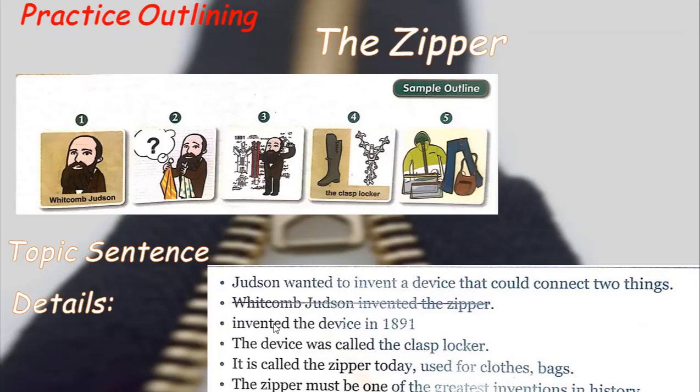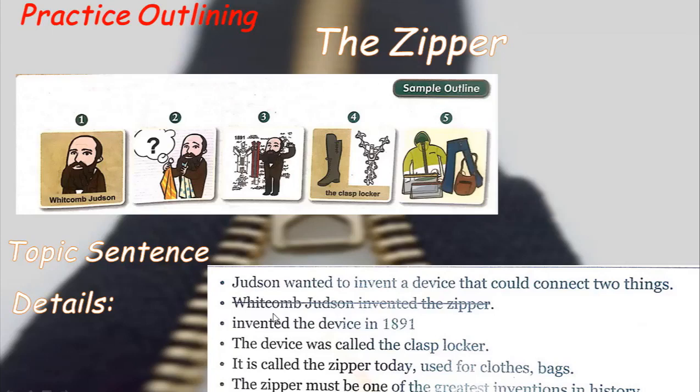So can you look back at the steps of this activity? What is supposed to come first? Then you can try to define the topic sentence of that.